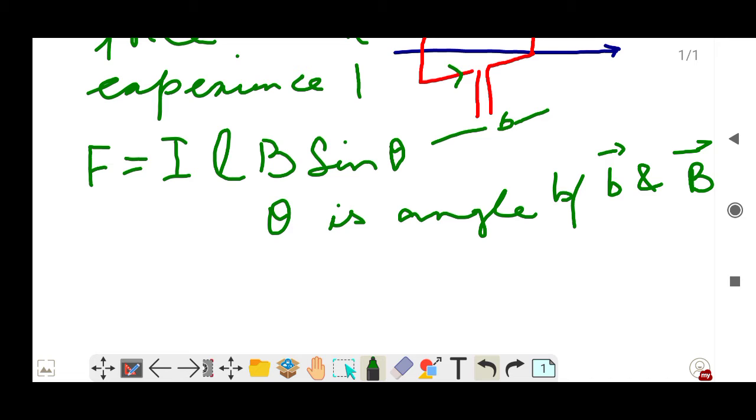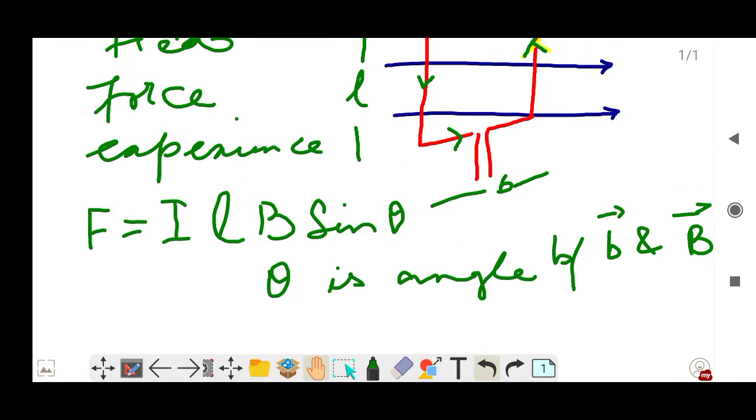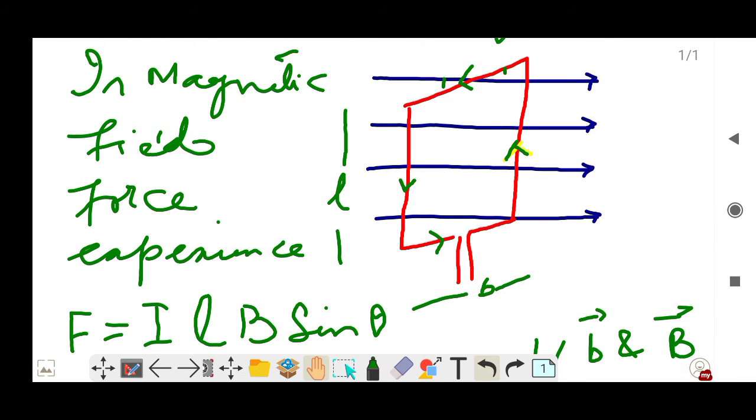So what I'll do is first find out the forces on different segments, because the coil consists of four segments: this breadth, this breadth, and these two lengths. I'll find out force on the two breadths and the two lengths, and from that I'll see what will happen.